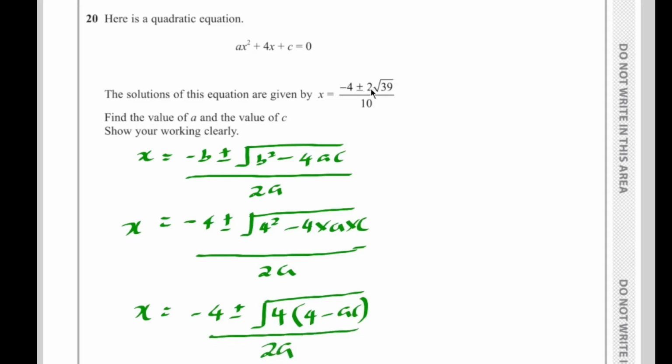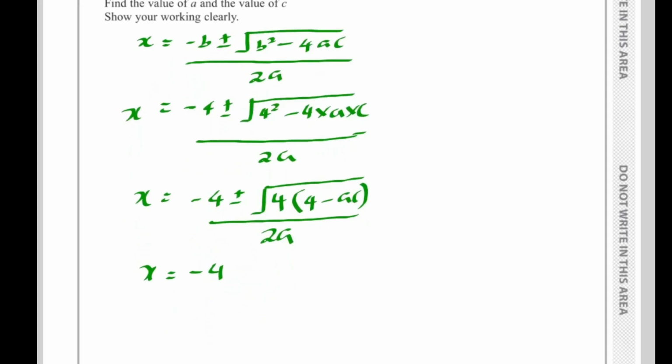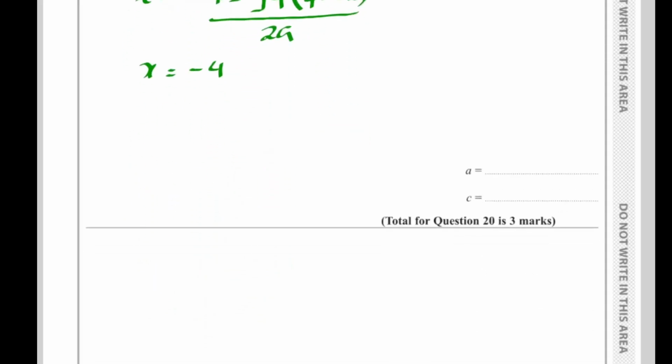Since I'm getting 2 here, can you see there is 2? I'm taking this 2 out of it. Then x equals minus 4 plus or minus, you got to build this up just looking at the format that you've been given, 2 root of 4 minus ac over 2a.